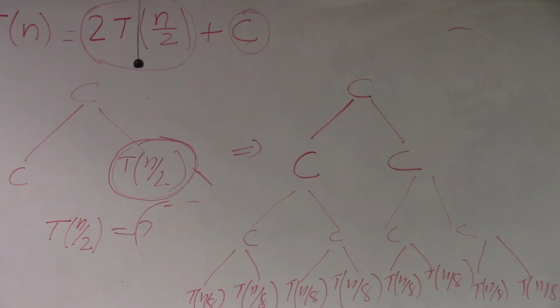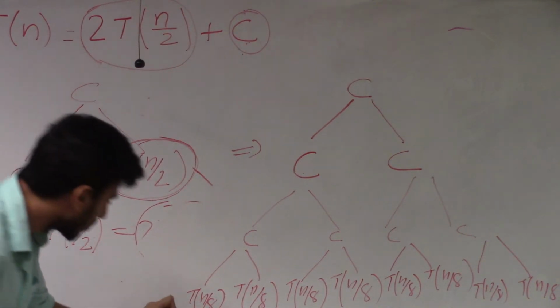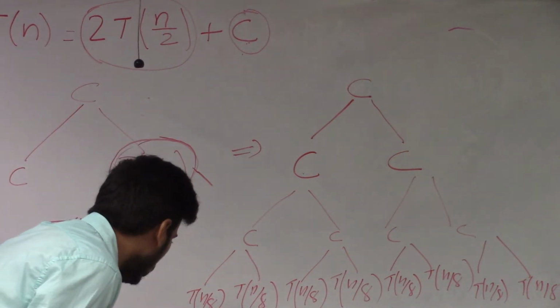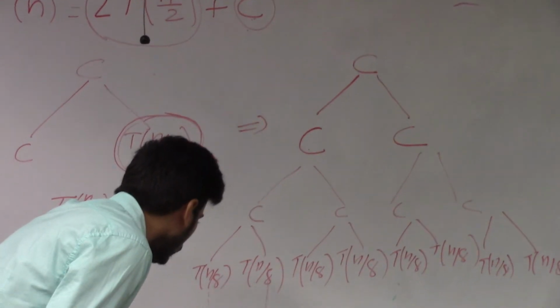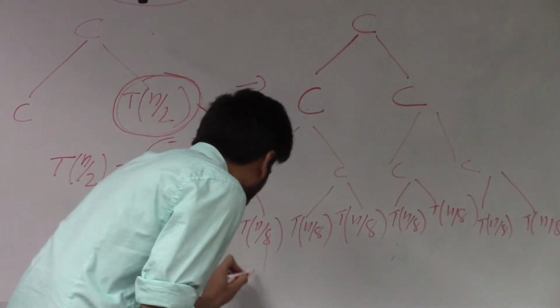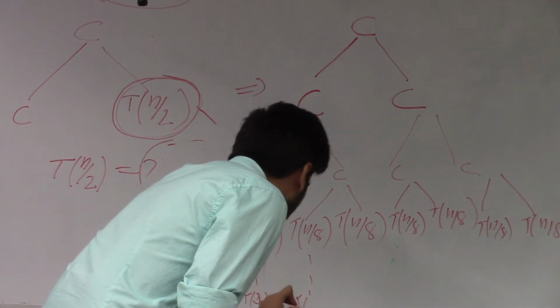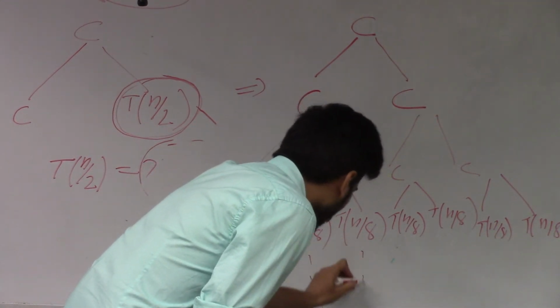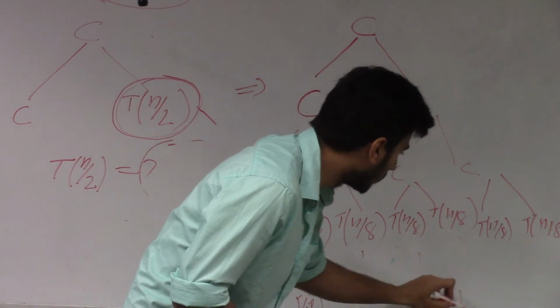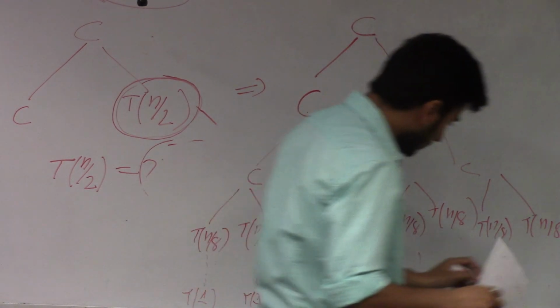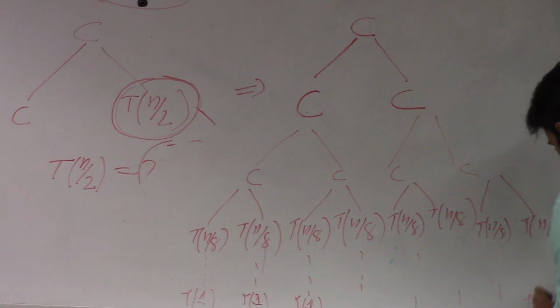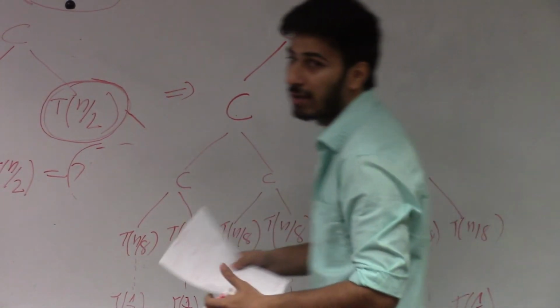So it goes down to T of 1. That means the work is over. Like T of 1, T of 1, T of 1, T of 1. Then we have to find the time complexity.